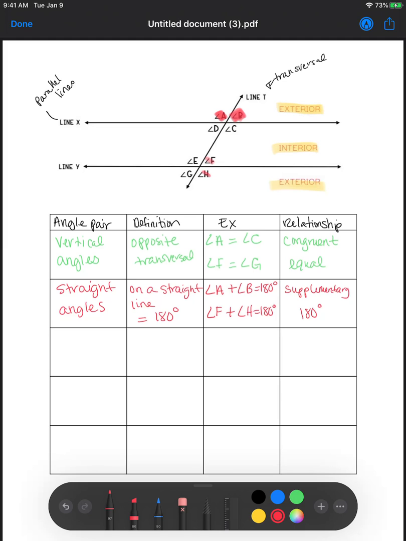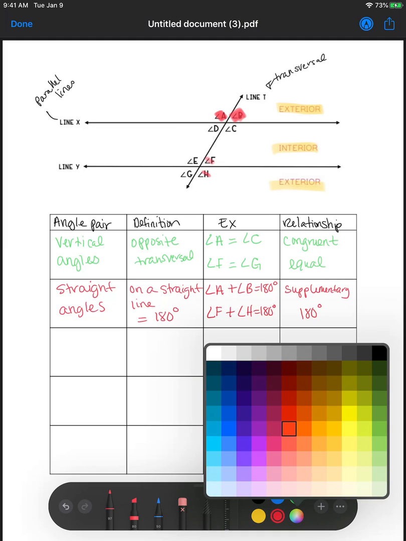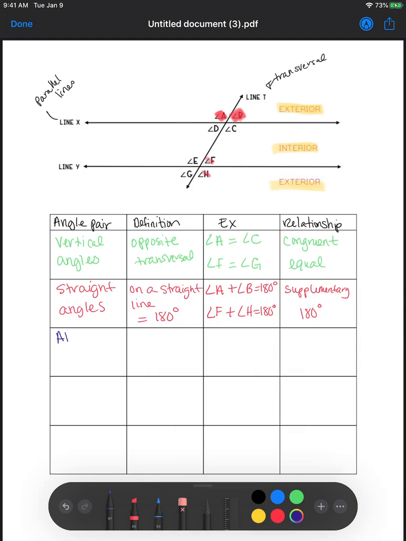All right, now our next one is going to be alternate interior angles.